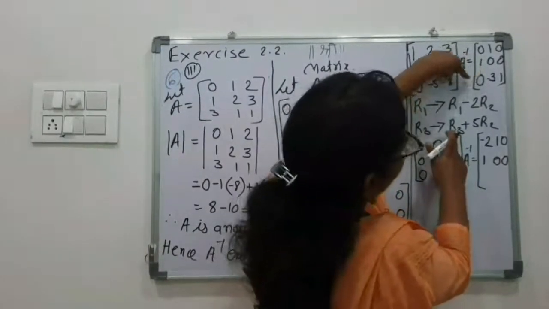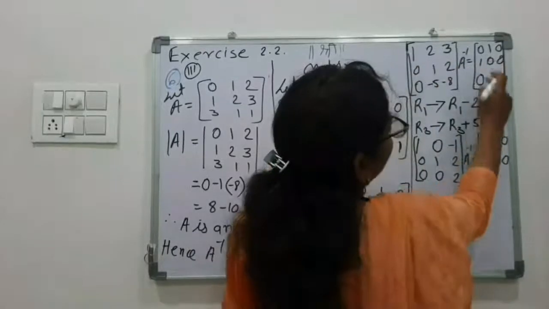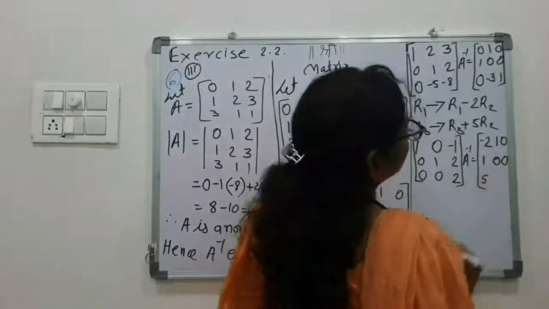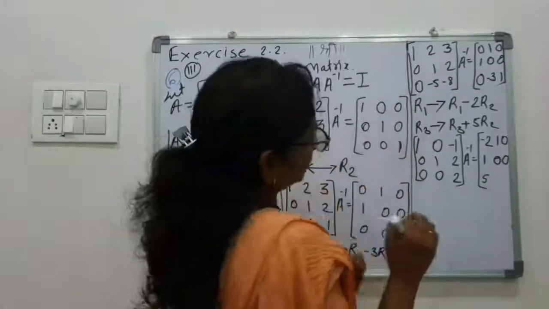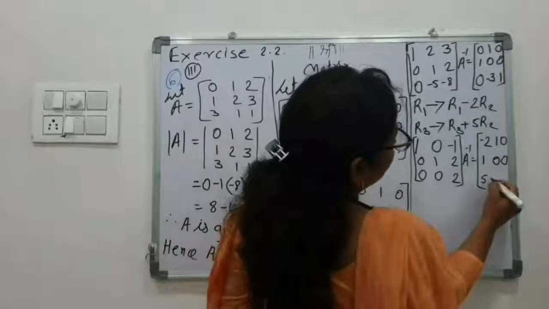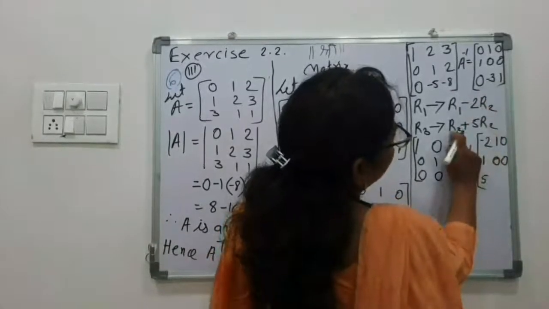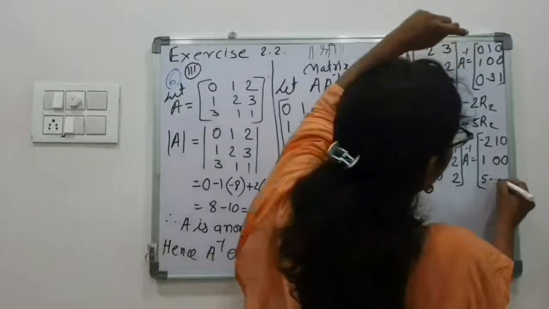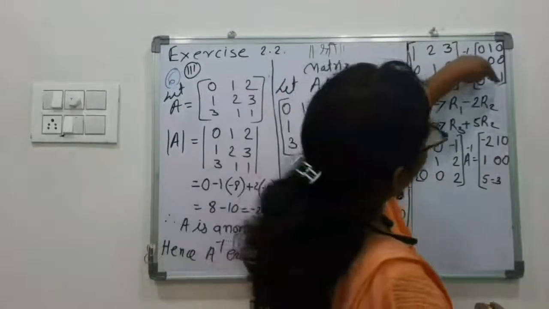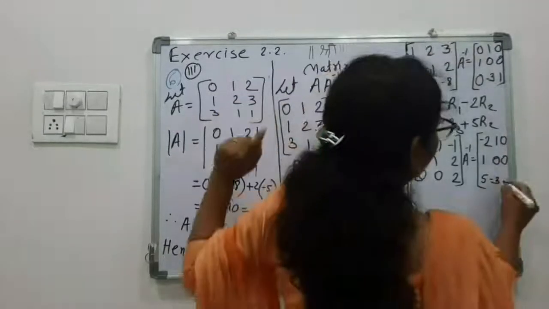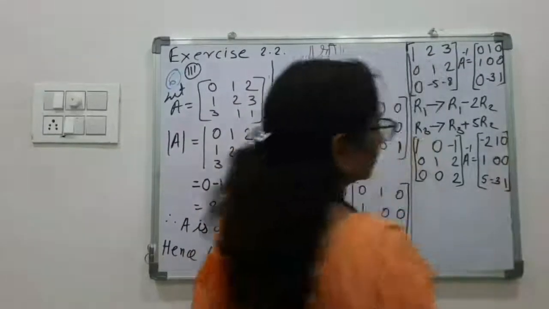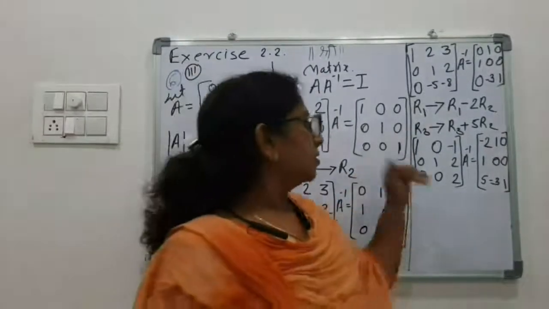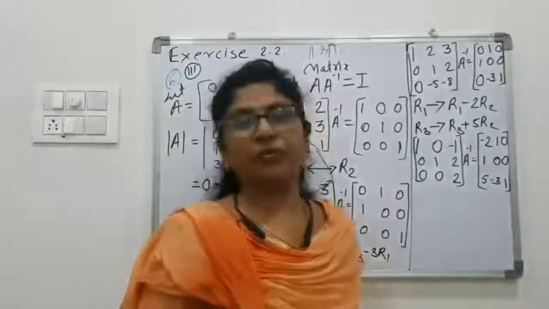R3 is 0 plus 5R2 means 0 plus 5. So 5 is there. Okay. Then for minus 3 plus 5 0 means minus 3. Okay. And then 1 plus 0 means 1. Okay. Now second column we got what we want.